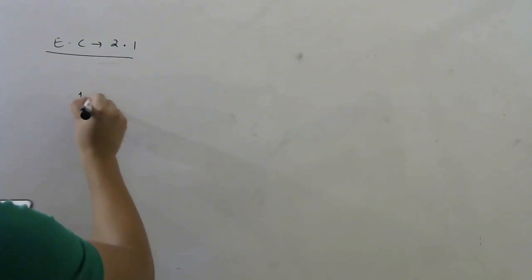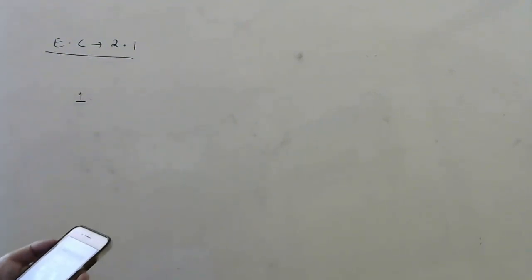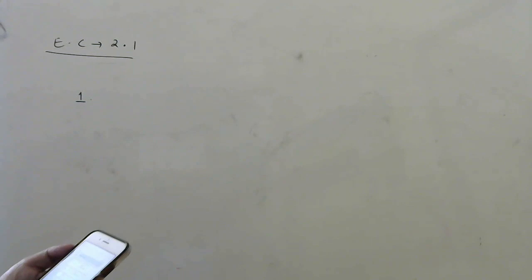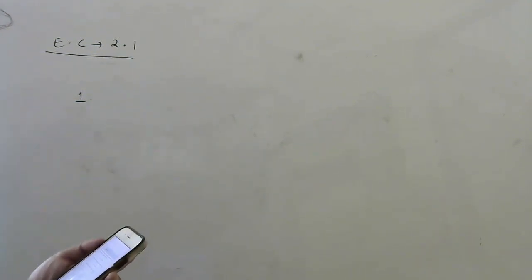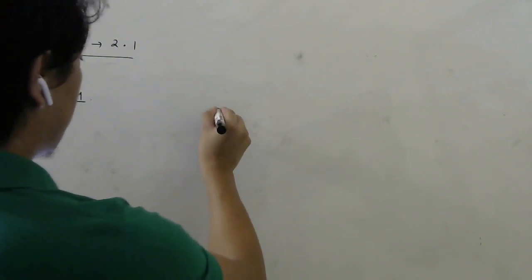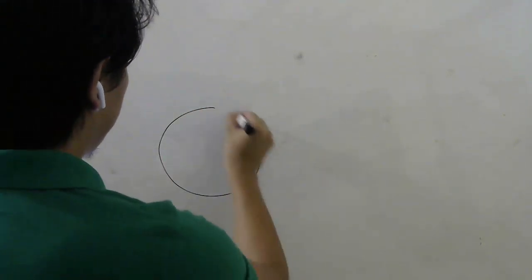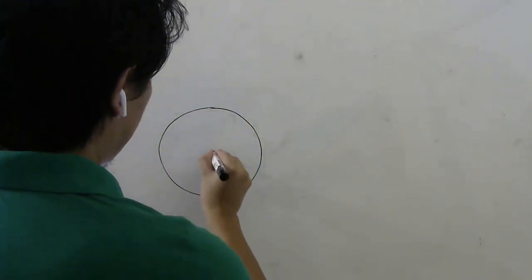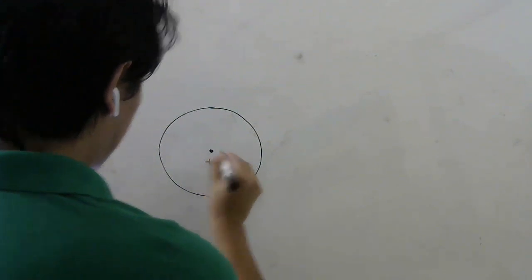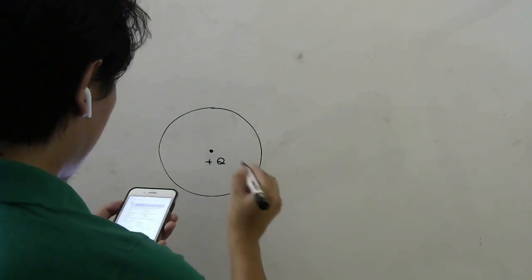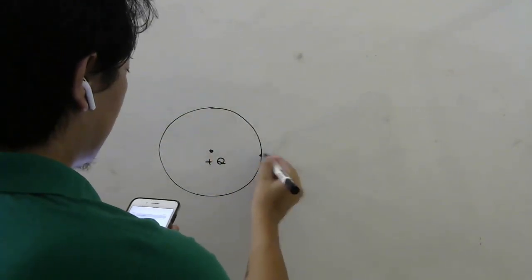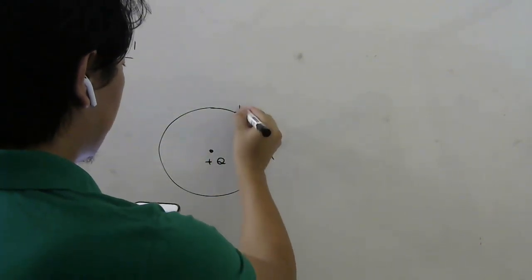Question number 1. A charge q, small q, is moved from point A to another point B such that both the points lie on a circle, the center of which has a charge capital Q. So there is a circle, and at the center of the circle there is a charge capital Q. A charge small q is moved from one point A to another point B, and those points are on the circle itself.